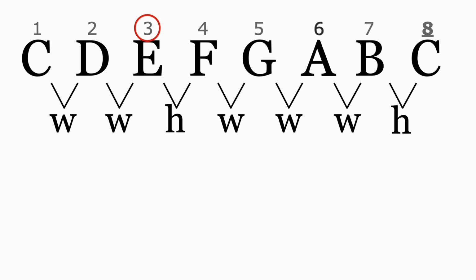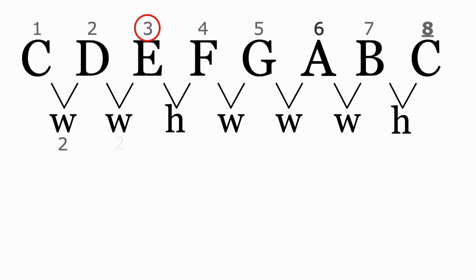When we're looking at our C major scale, we'll notice the number of frets that we have to move from the first degree, in this case C, to the third degree, which will be E. Now, in order to get to this E, we need to go from C to D, and we have a whole step, which is 2 frets.